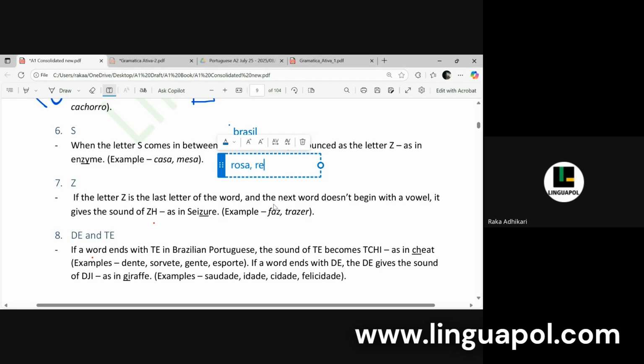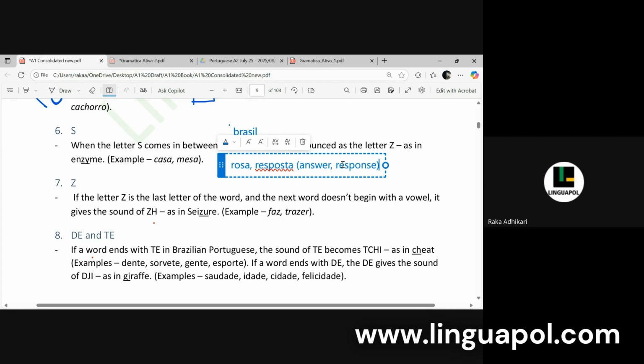So it can also be not the case sometimes. For example, if I write the word resposta, resposta. In this, you can see that there is S in the middle of the word, but it is not coming in between vowels. So I'll not say resposta with a Z. It's a normal sound of so. Resposta. Resposta means an answer or a response.